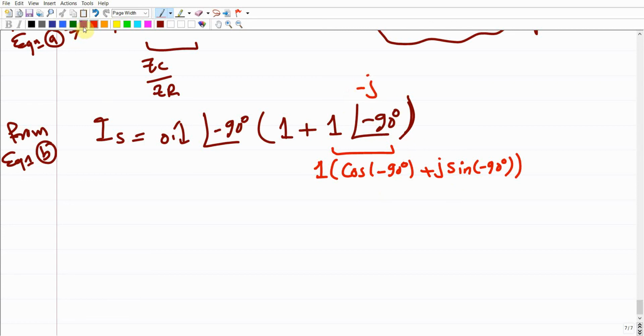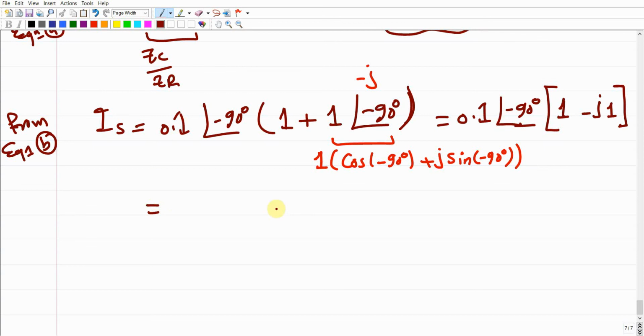So we have 0.1 angle of negative 90 degrees, and inside the parentheses is 1 as a real value, negative j, 1 as imaginary value. Then this term, which is in the rectangular form, you're going to convert into the polar form to do the multiplication times this complex number.